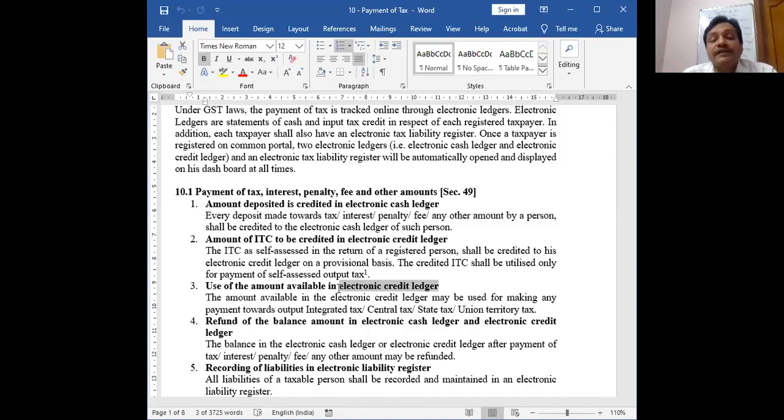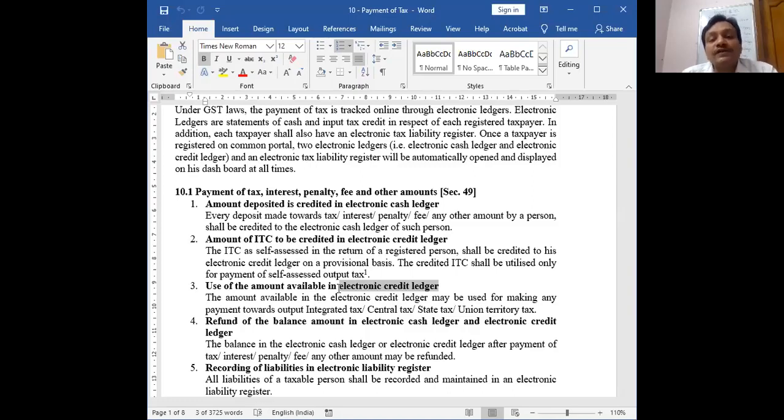How I utilize my ITC, I have already discussed in detail in the chapter input tax credit. If you remember those provisions, input IGST can be used first for output IGST. If balance remains, then that input IGST can be used for output CGST or output SGST, as the case may be, in any ratio, in any proportion.